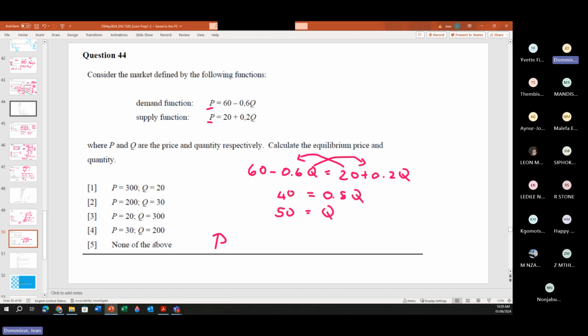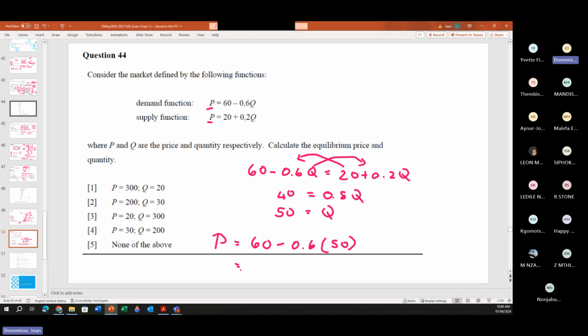Maybe it was, and maybe there was a mistake in the answers that they have given us. If we do that, I just substituted it back in to get P. The 0.6 times 50 is 50.